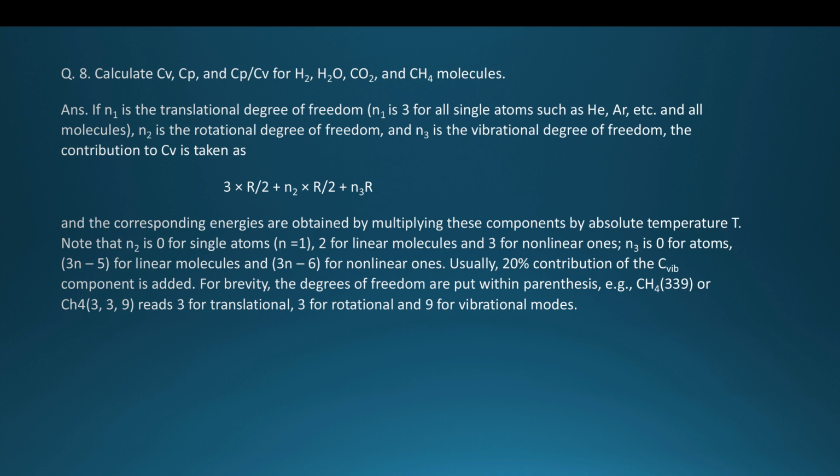Similarly, for rotational, 1 by 2 R, and for vibrational, 1 R. By putting in the values, we can calculate the contribution to Cv for the given molecule. During the calculation of degrees of freedom, we should be careful about the shape of the molecule and the number of atoms in the molecule.